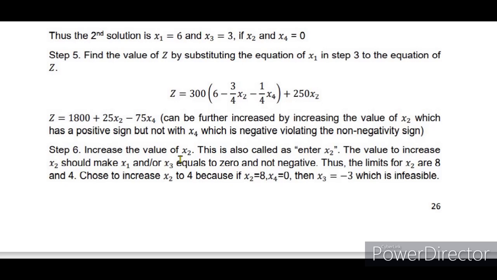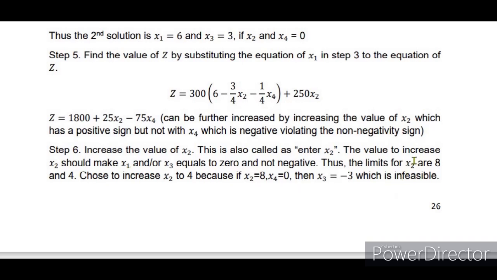So step number 6, increase the value of x sub 2. This is called enter x sub 2. Remember, in step number 1, we entered x sub 1, but here in step 6, we proceed to x sub 2, enter x sub 2, because it has the positive sign. We will not choose the variable with negative sign.